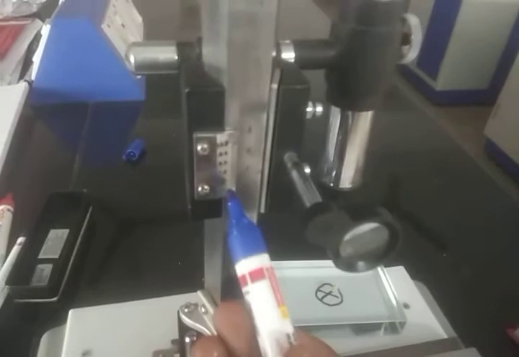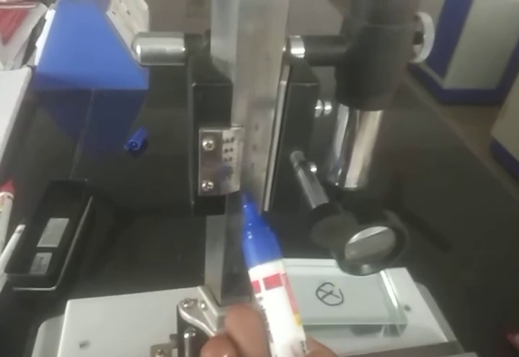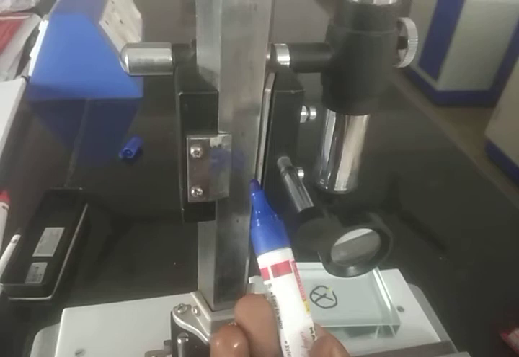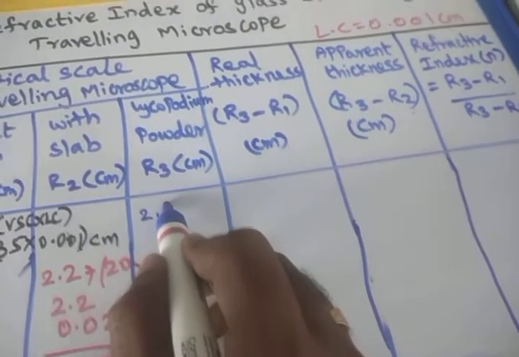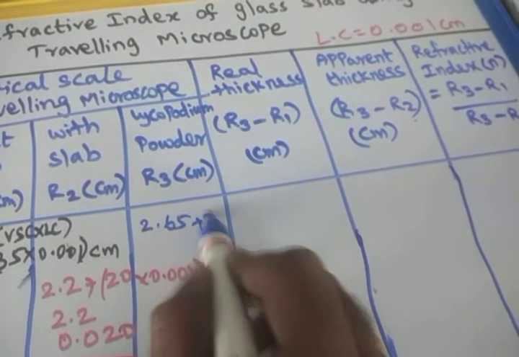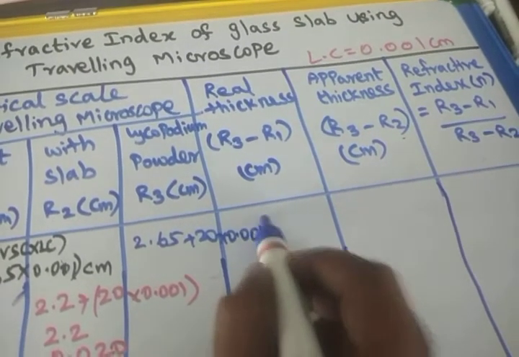Now at this position, take the arrow mark reading. The arrow mark of the vernier scale is exactly coincident with the main scale at 2.65. Then the vernier scale division coincident is 20. So again we get 2.65 plus 20 into 0.001.